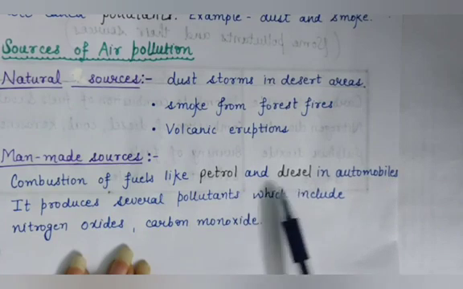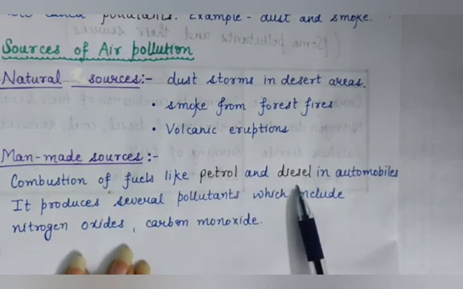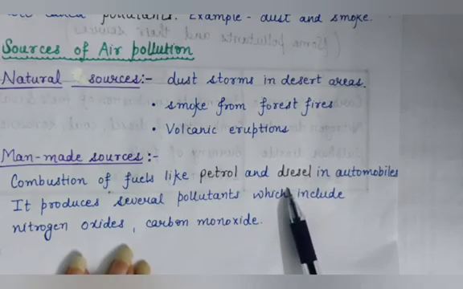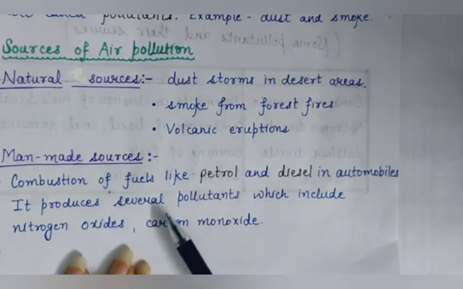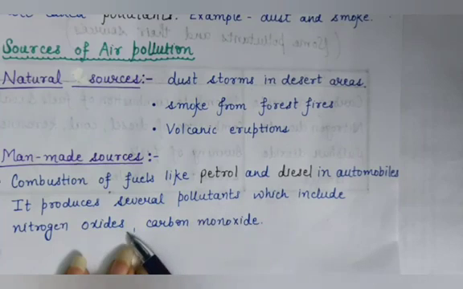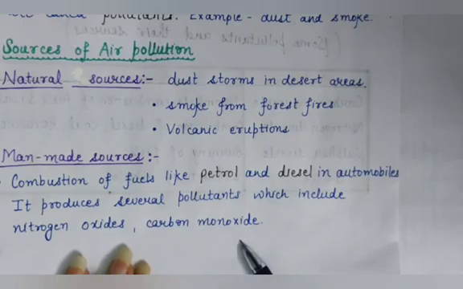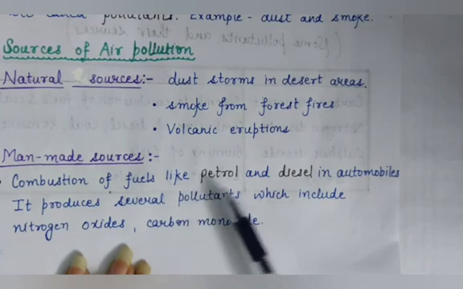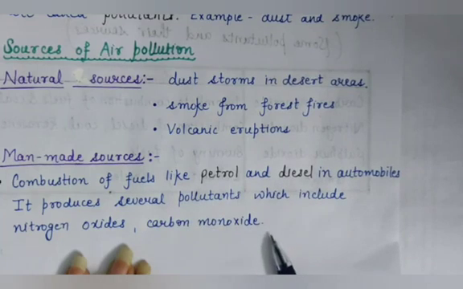These are the major source of air pollution because on burning it produces several pollutants like nitrogen dioxide, carbon monoxide, okay, as well as large quantity of harmful gases. Okay, so in this way, combustion of fuel, petrol and diesel are responsible to pollute the air.